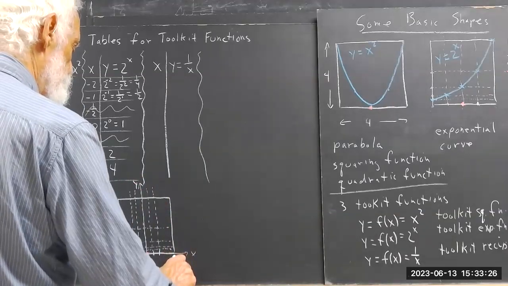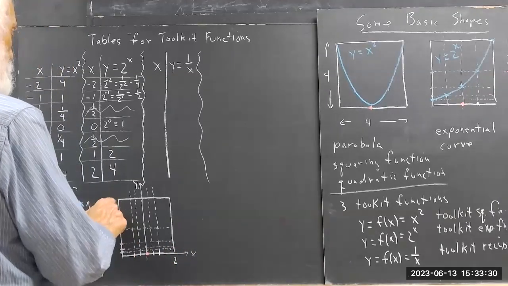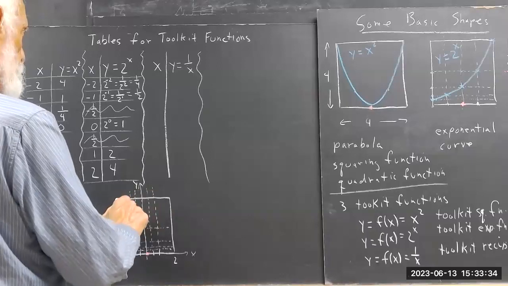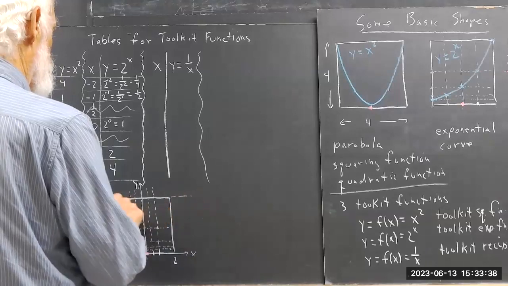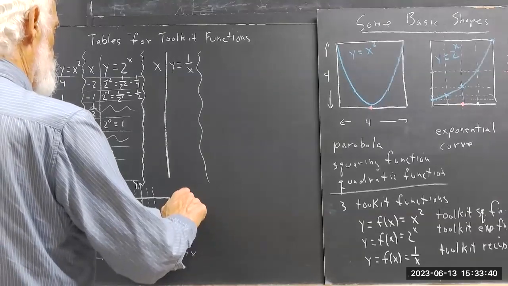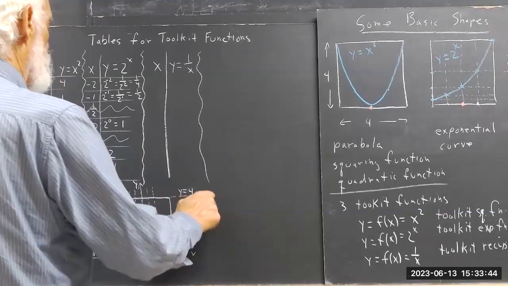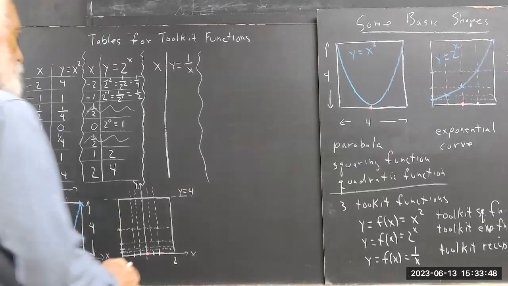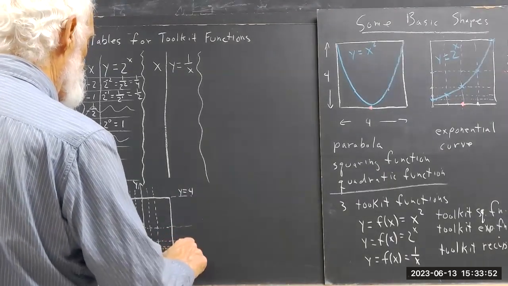Here's 2 on the x-axis, and I'll draw an extended dotted line here and label it. The y equals 4 line. Now, what's this line?